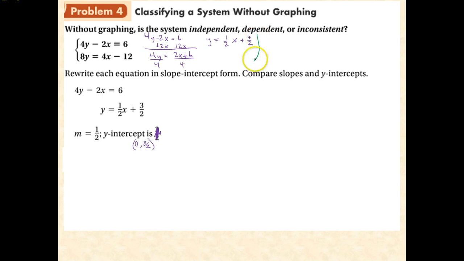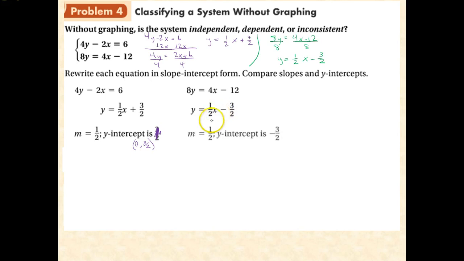For the second equation, we have 8y equals 4x minus 12. Divide both sides by 8. y equals 4 over 8, which reduces to 1/2 x, minus 12 over 8, which reduces to 3 over 2. So we get y equals 1/2 x minus 3 over 2.